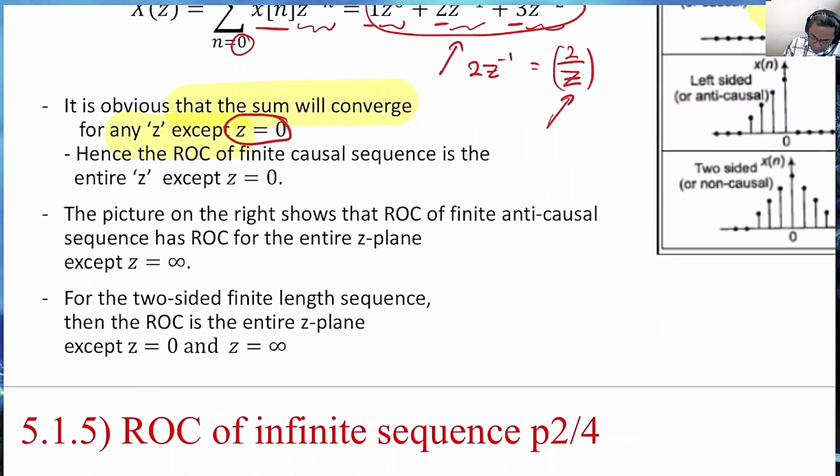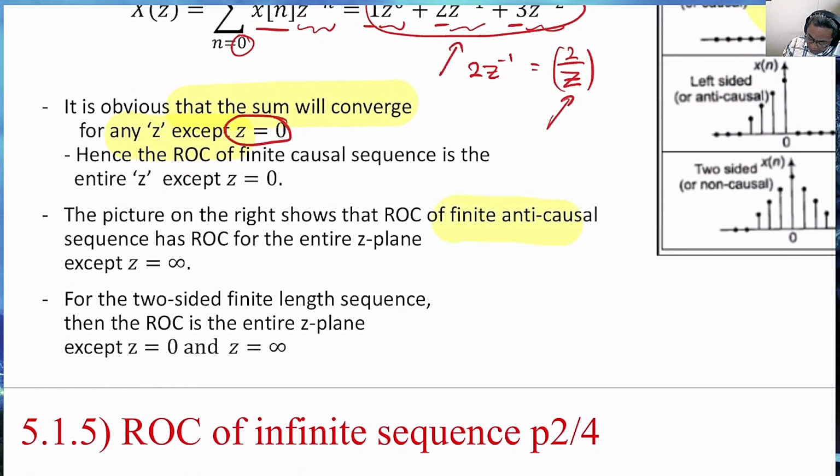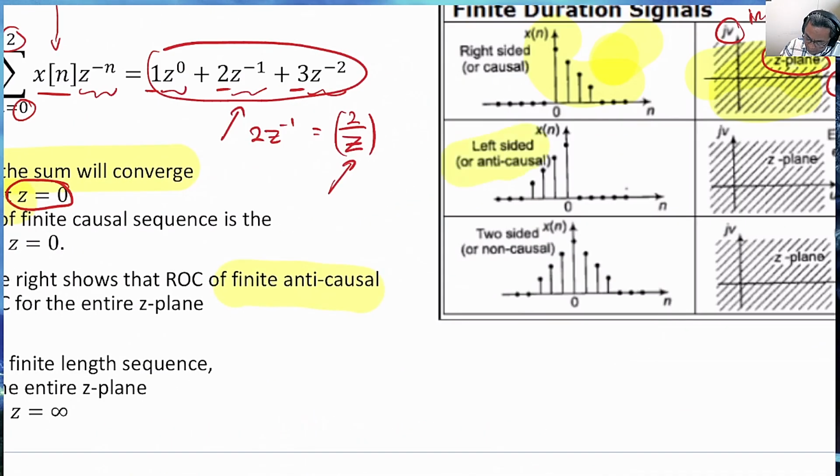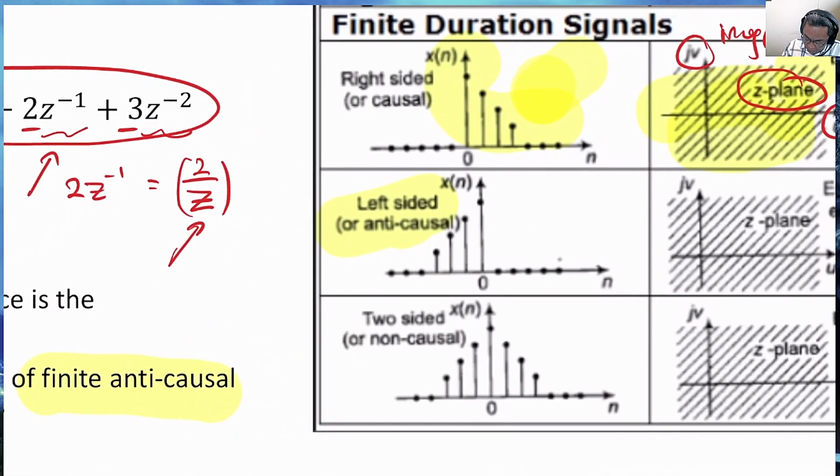We now continue the discussion for finite anti-causal sequence. What is finite anti-causal sequence is here. The sequence exists from negative time, minus 1, minus 2, minus 3, and 0 after that. Well, so this is a finite sequence, and in the finite sequence, where for a bilateral z transform, where would it exist?